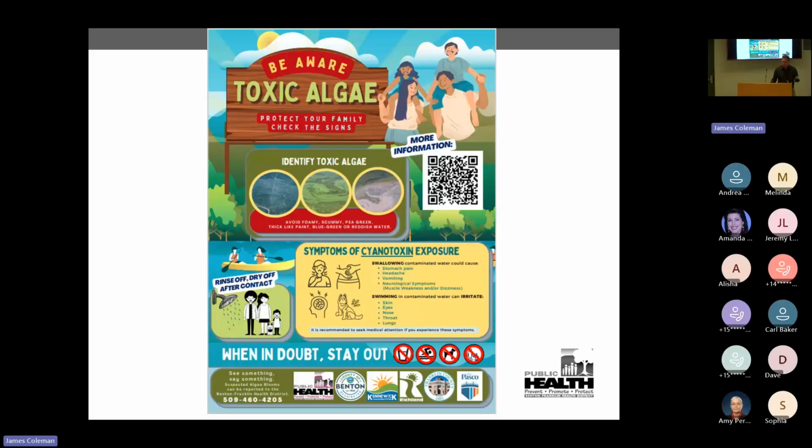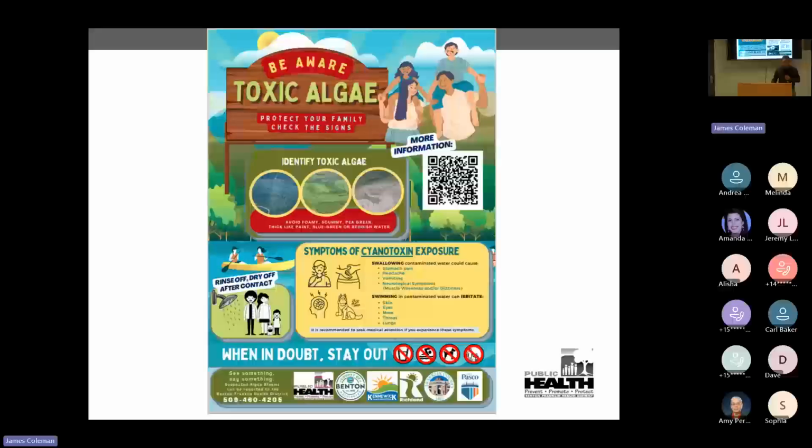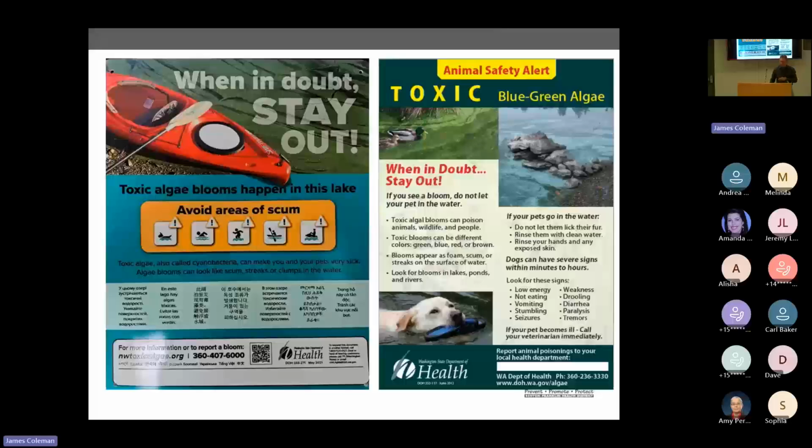And so these are some materials we've come up with. Hopefully you've seen these in our community. We had some available here. They might have got all used up, I don't know. But hopefully you'll see signs like this. It kind of shows you the symptoms, and what to do if you think your dog's gotten the algae on their fur, that sort of thing. I showed a couple of these signs as well.